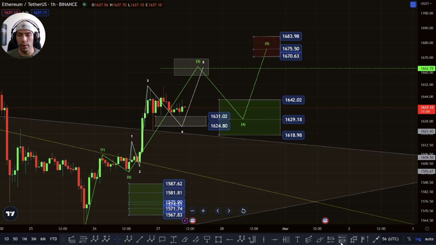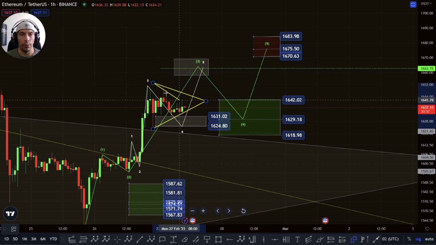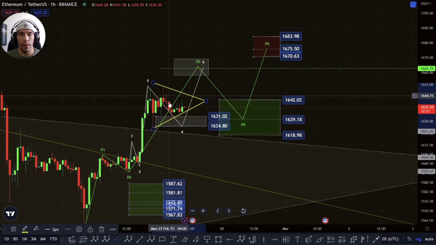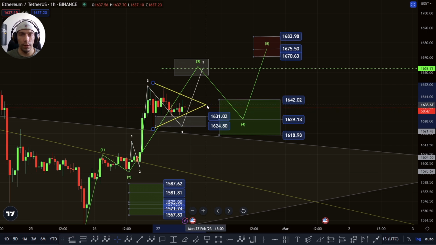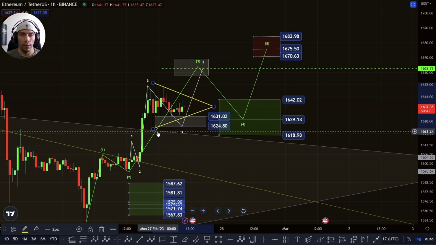The way that I'd be looking at it is that potentially within this structure, we could be forming a triangle, where this is a fourth wave triangle, this is A, B, potentially C done already here, D, and then we're looking for that E wave. Alternatively, it could drop down one more time, where this is A, B, we haven't completed C, and then we're going to get that D, E, and then the push to the upside.